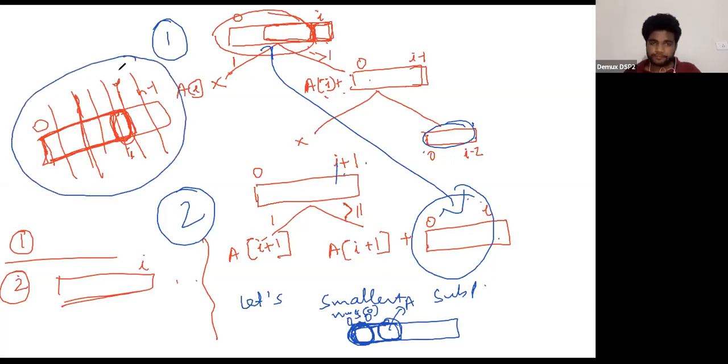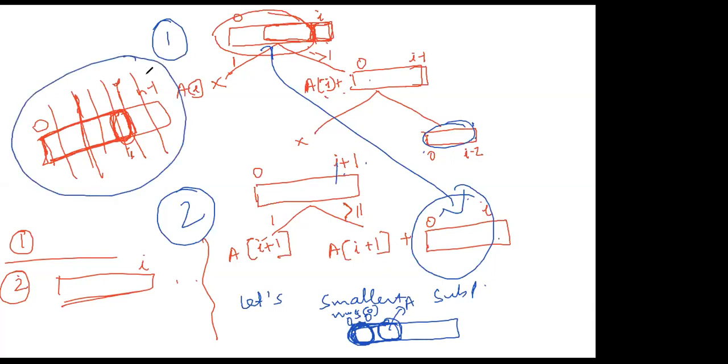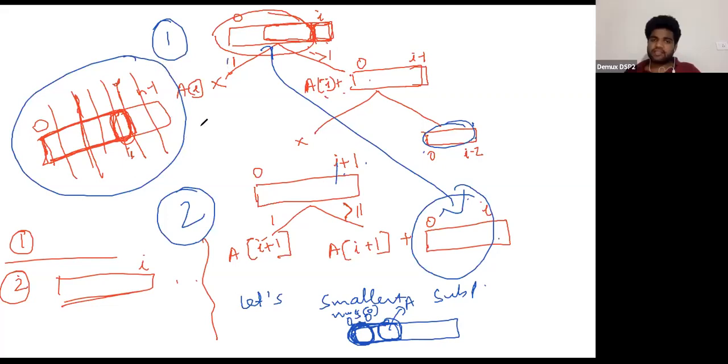From the original problem, we are saying that we are just left with the task of finding the length of the longest subarray ending at all the indices. We have to populate, for all the i's, the length of the longest subarray ending at i, right? That was the problem we are left with. So we said let's try it for i.